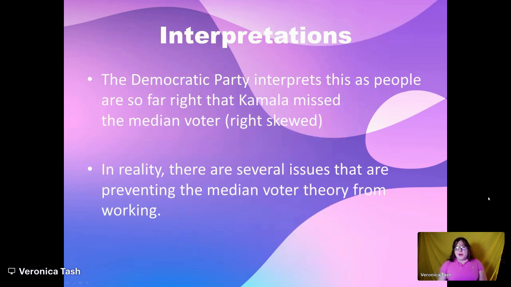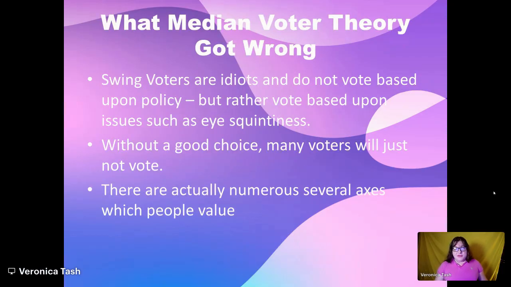Now, the Democratic Party interprets Kamala's loss as people being so far to the right that Kamala missed the median voter. In reality, there are several issues that are preventing the median voter theory from working. And so, first off, swing voters are idiots, and they do not vote based on policy.